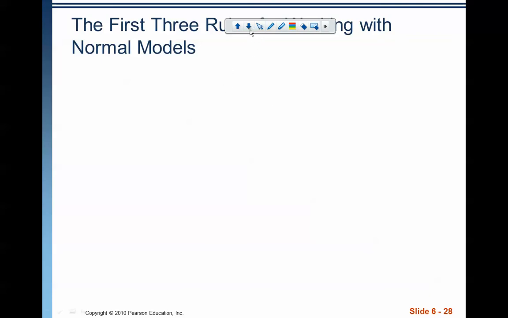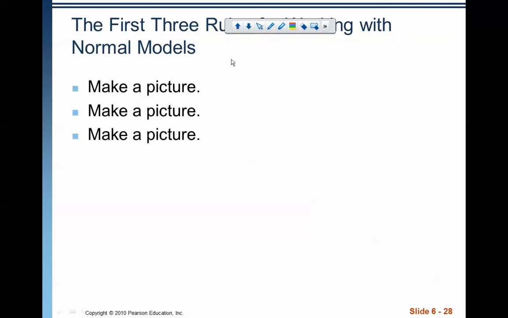Okay. So before we talk about finding percentiles with z-scores, let's make sure we are clear. You should absolutely make a picture every time we're working with the normal model.